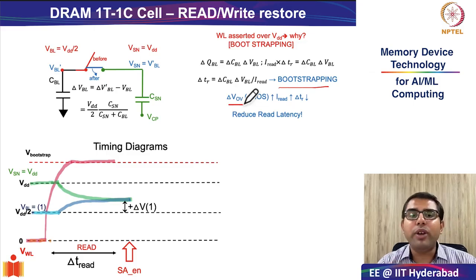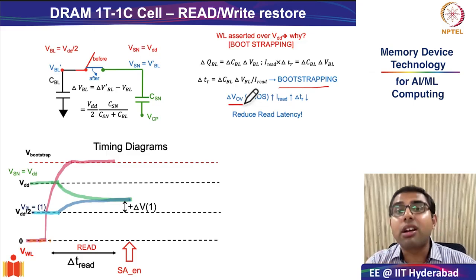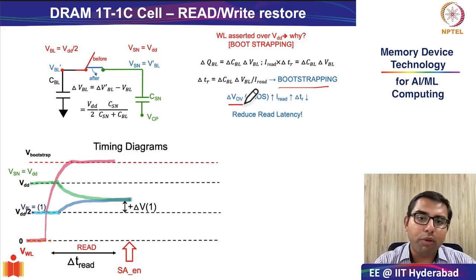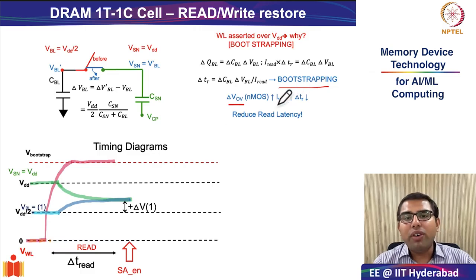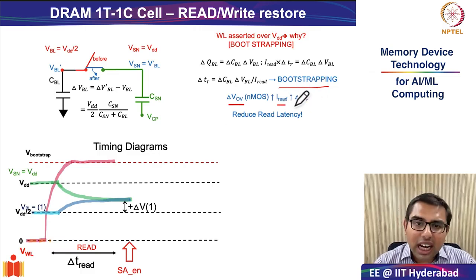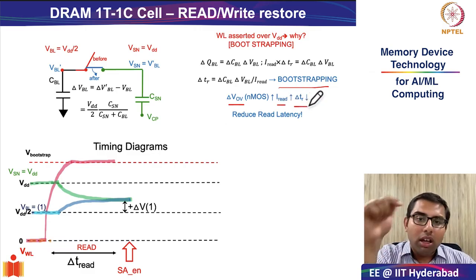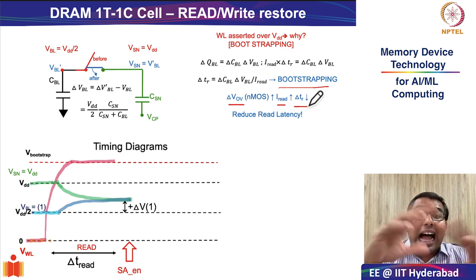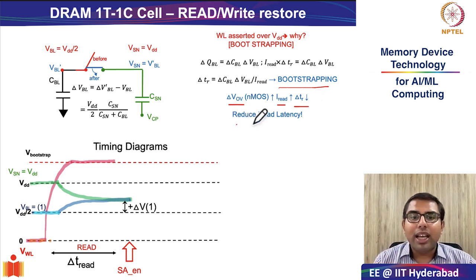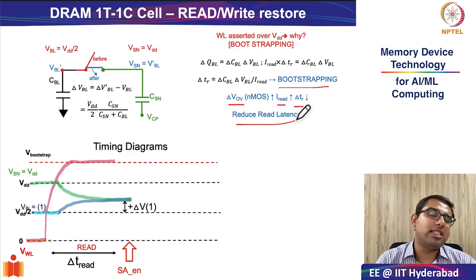You know, VGS minus VTH in transistor technical parlance is called the overdrive voltage. If the overdrive voltage is large, then the read current will also be large, and as a result, the read latency will start coming down. So the entire idea of using bootstrapping is to reduce read latency.